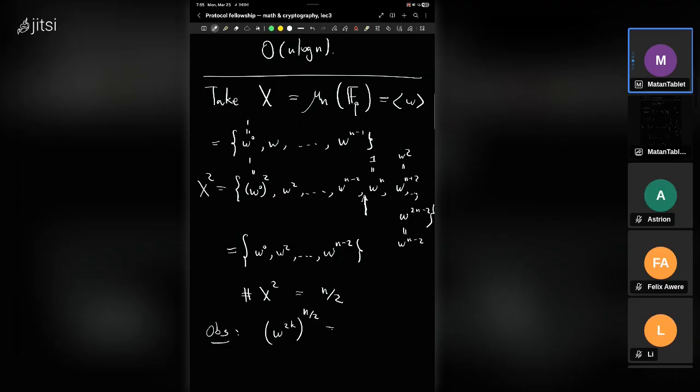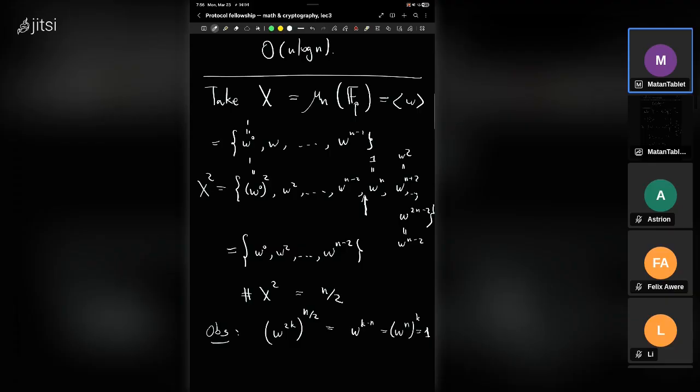What do I get? I get W^(kn), which is the same as (W^n)^k, which is 1 because W^n was originally 1.